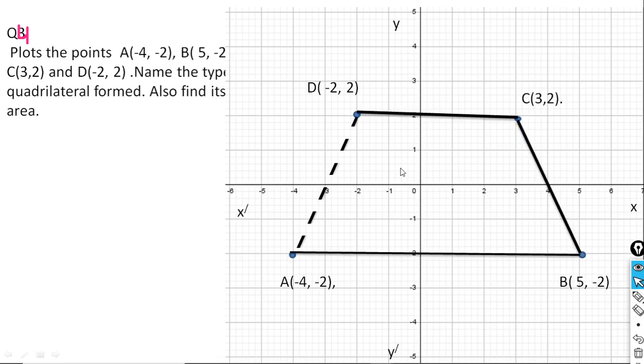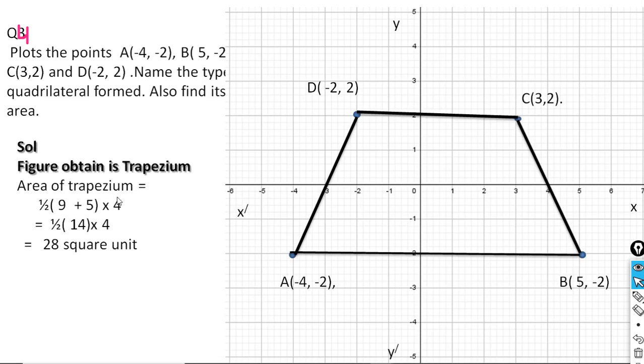By joining them in order, we'll get a figure which is a trapezium. And we want to find the area of the trapezium. For finding the area of a trapezium, the formula is half the sum of the parallel sides into height. So we check the parallel side AB. For AB, we count the number of divisions. It's 1, 2, 3, 4, 5, 6, 7, 8 and 9. 9 units.